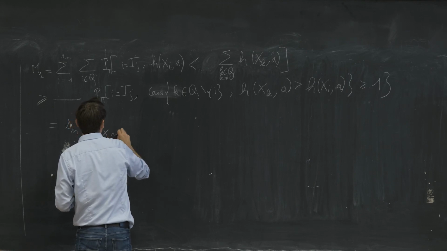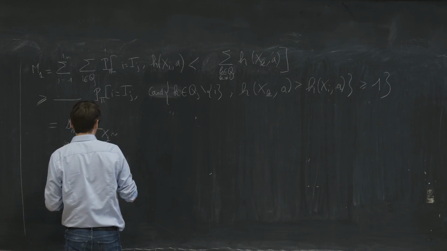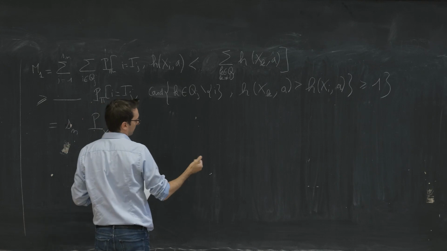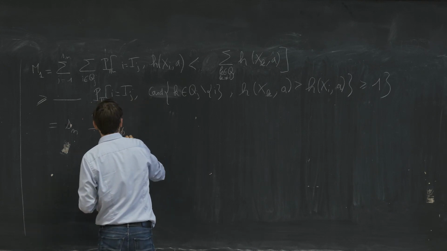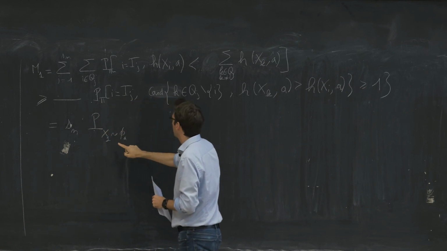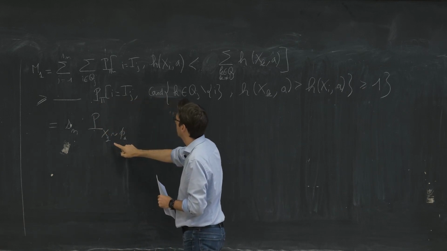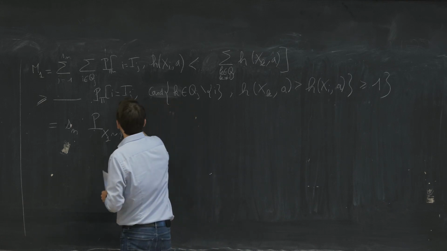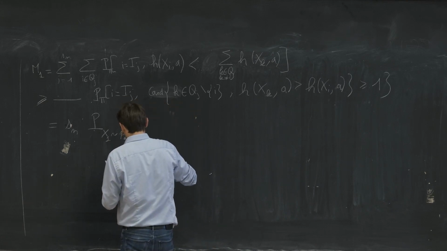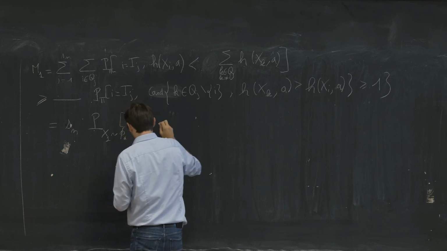I can assume that actually it's the first index that has been picked. Namely, if capital I1 is 1, then x1 is drawn according to phi a, and I just rewrite what's over here with the index 1.